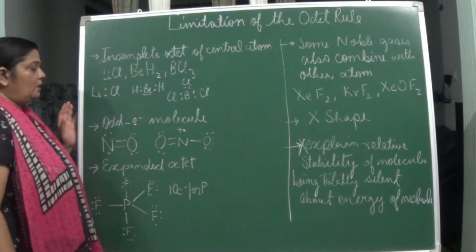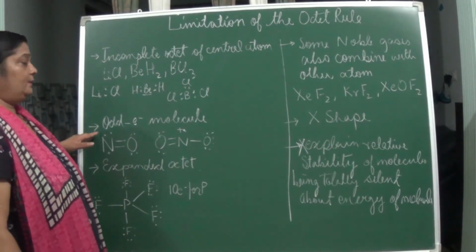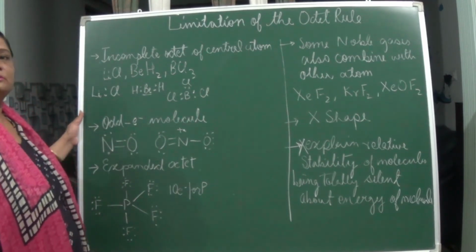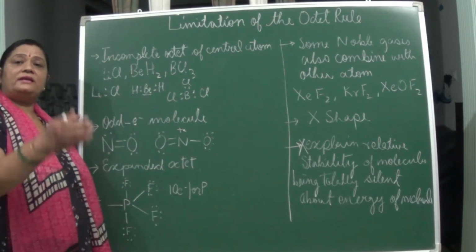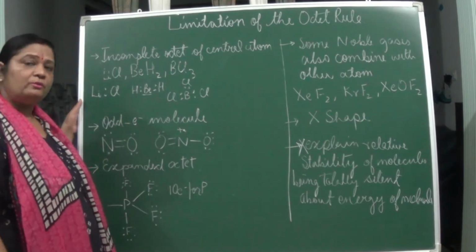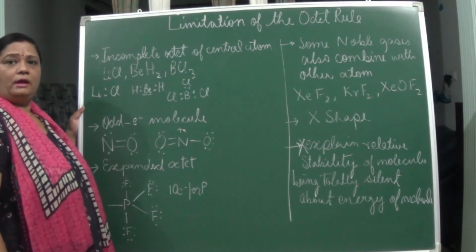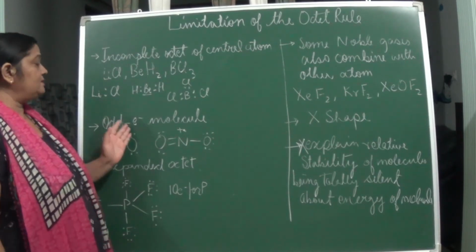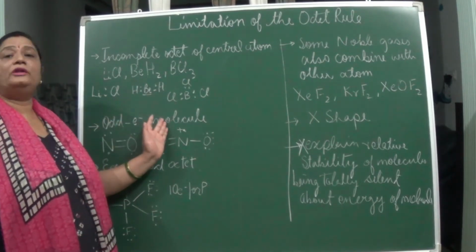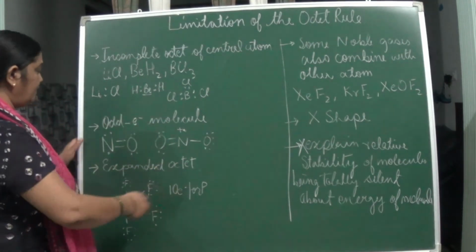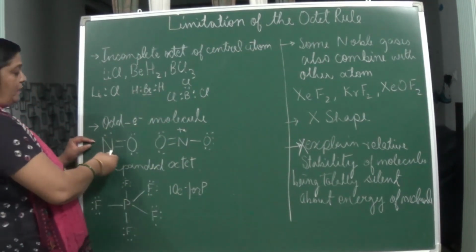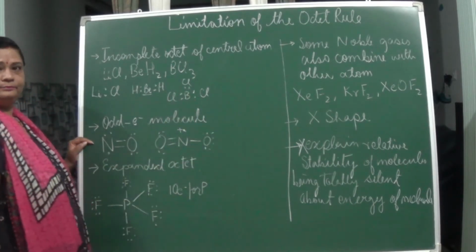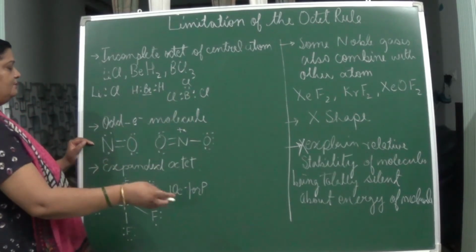Now coming to the next, odd electron molecules. How do these odd electrons come? When we say that in the last valence shell there should be 8 electrons, and 8 is an even number, so how is an odd electron molecule formed? You can see this in the case of nitrogen monoxide and nitrogen dioxide. Just count it.